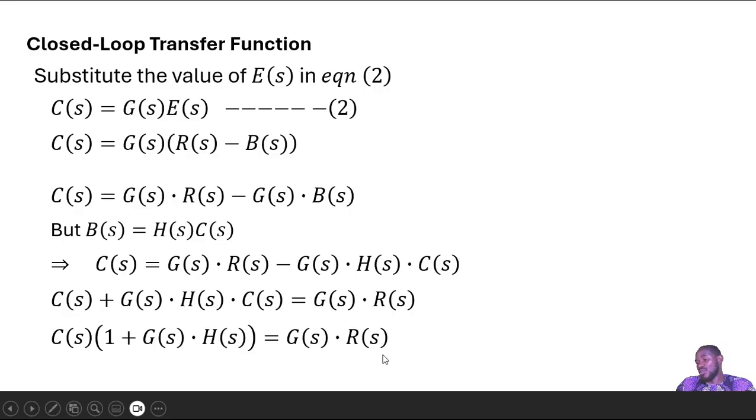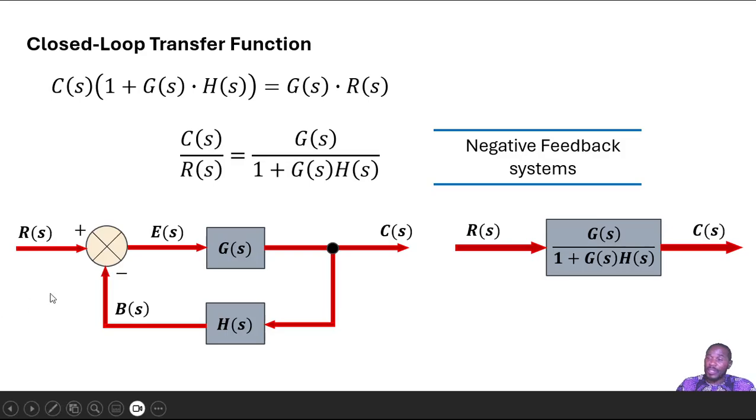On the right-hand side, what you have will be G of S all over this expression. On the left-hand side, you'll have C of S all over R of S. And that is what we now have here, when we divide both sides by R of S and 1 plus G of S, H of S.